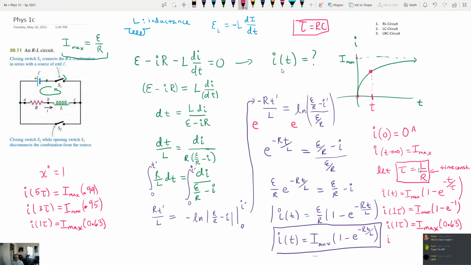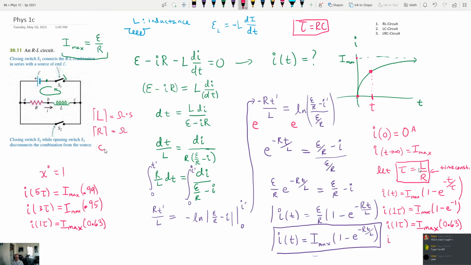I don't know if this helps you at all, but if you look at the dimensions of L, the inductance L, L is measured in henries, but it's actually also measured in ohms times seconds. And resistance, obviously you know that resistance is measured in ohms, right?